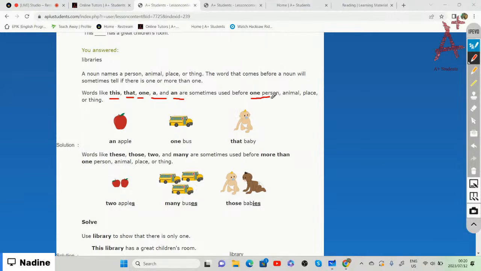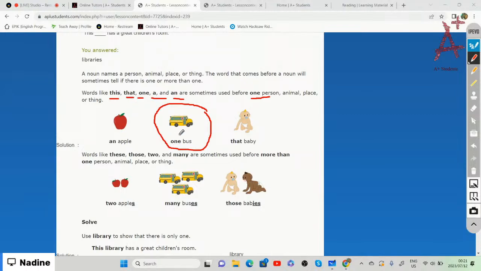Same if we look at the next option, which is the bus. Only one bus, which means that this is singular. So instead of saying one bus, we can also say this bus, because now we're referring to this specific bus that we maybe need to get on in order to go to or from school.